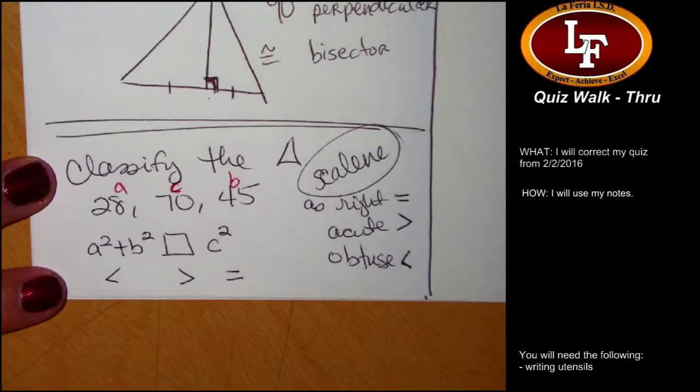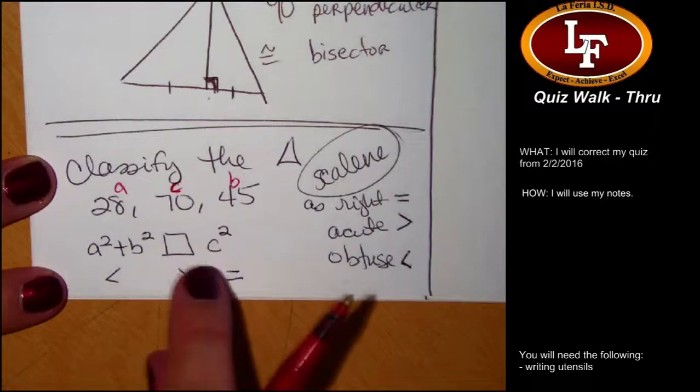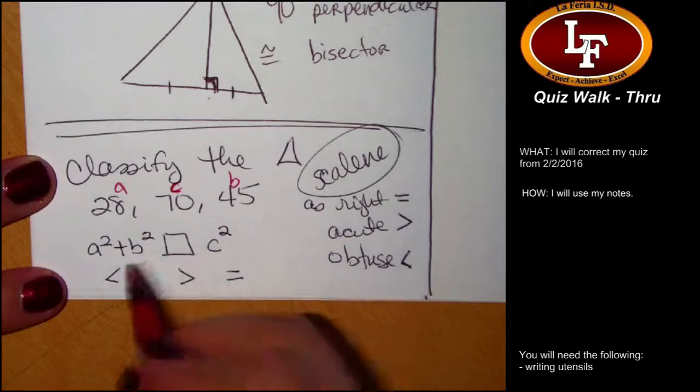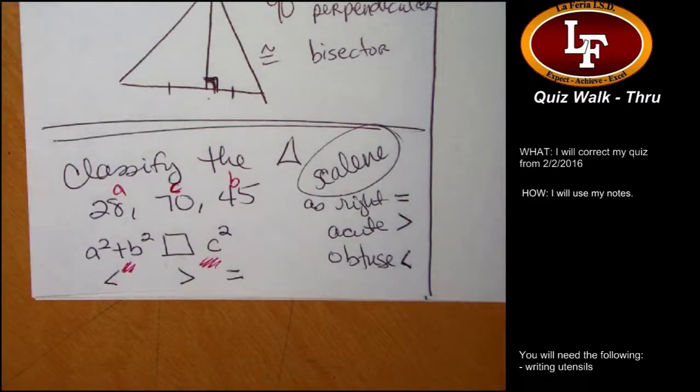So take a moment on your paper, make sure that you substitute those into the right spot, calculate it down, some number in relationship to some other number, decide whether it's less than, greater than, or equal to, and then do your classification.